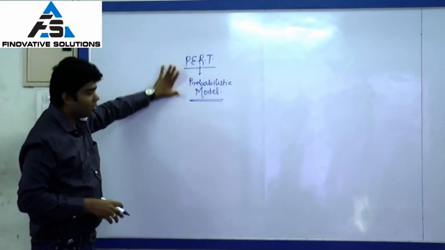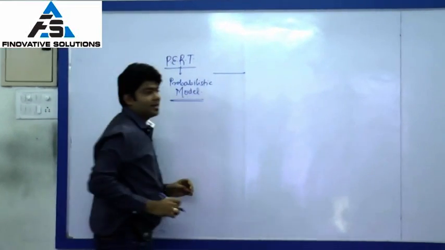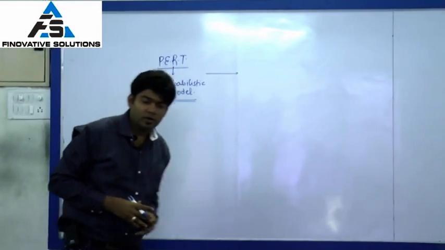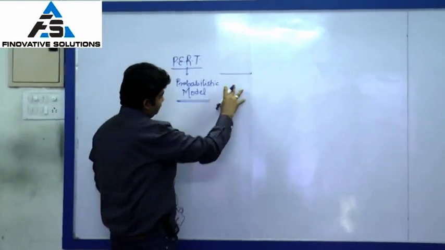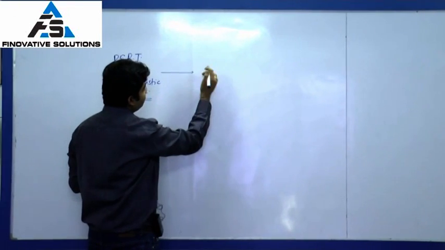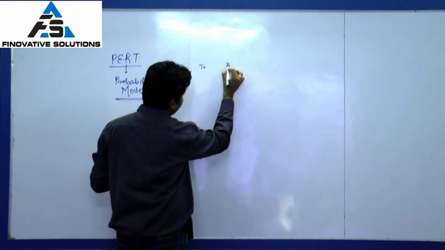So PERT, a probabilistic model used to analyze the percentage of time completion for a particular project. For this calculation of PERT, we will be given 3 time durations for a particular activity.